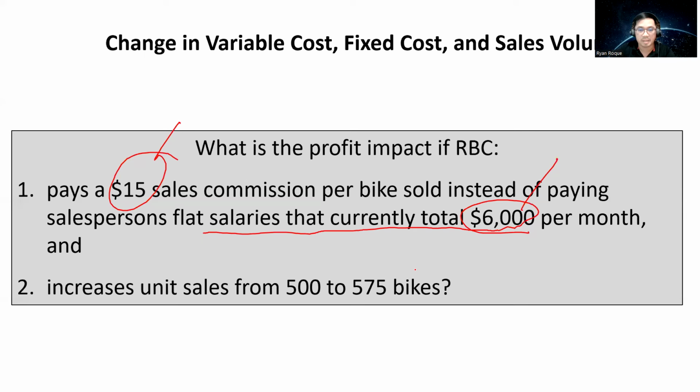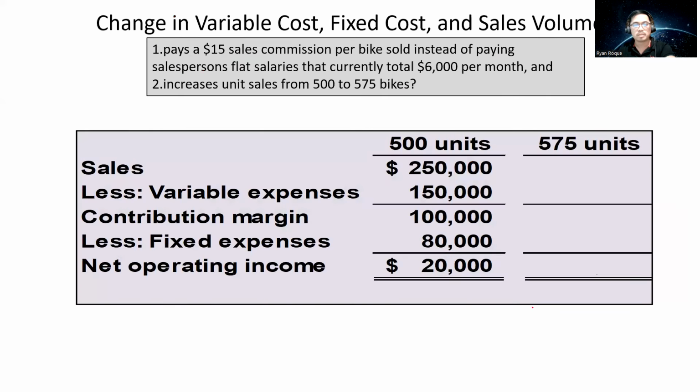But let's check first if the increase in the number of units would be enough to say that this strategy is a good one. Again, you will be paying a variable cost per bike sold instead of the fixed cost per month. And with that, the unit sales would increase from 500 to 575 bikes.